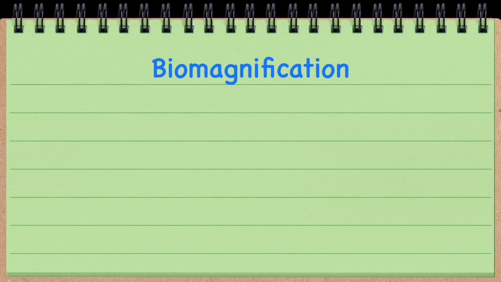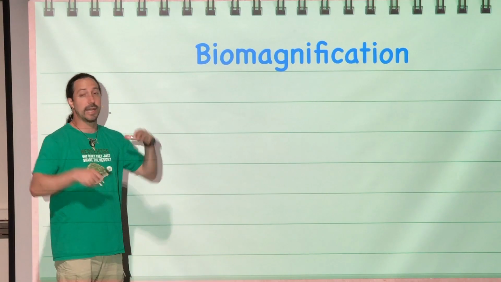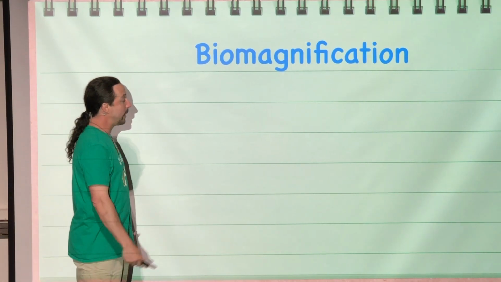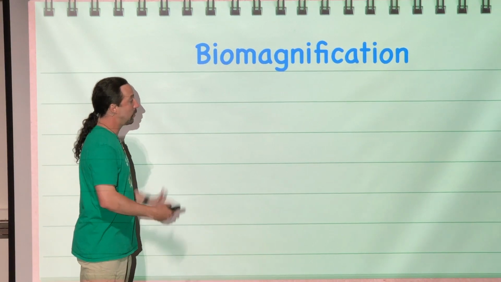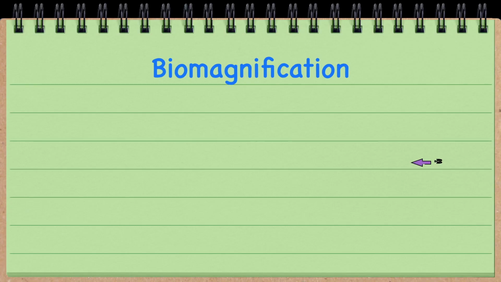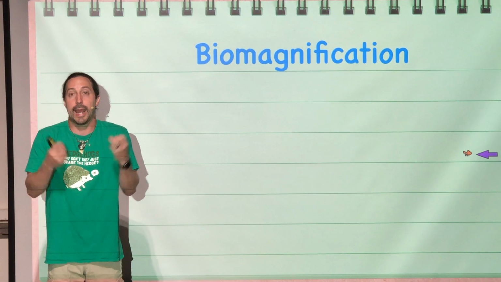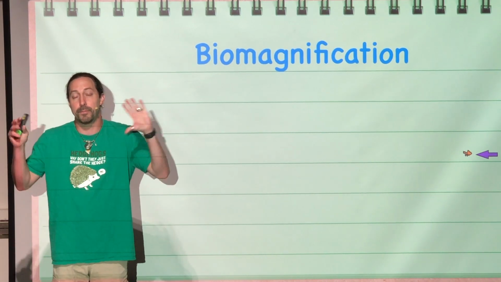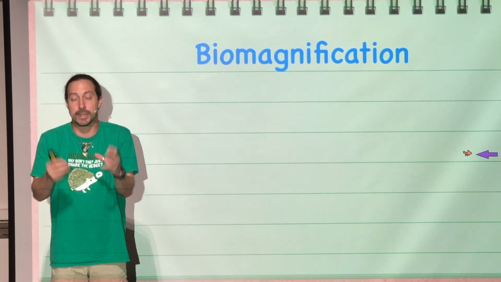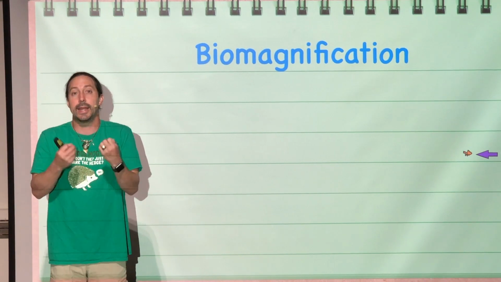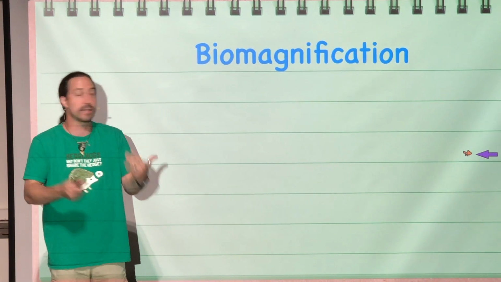Specifically, one of the most common ways that we will look at this is in marine ecosystems, where we can have zooplankton, which will consume some toxin. But then, as the zooplankton are eaten by small fish, the small fish is going to eat multiple zooplankton. And that means that the different toxins that were in that zooplankton are going to accumulate in greater amounts within that small fish.